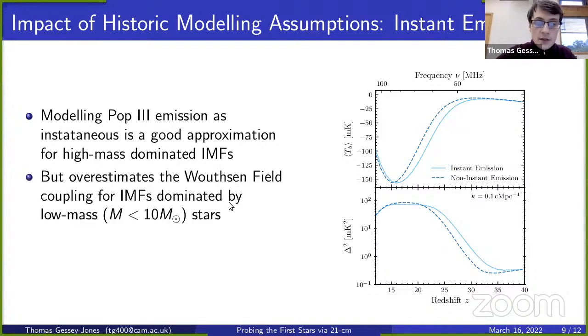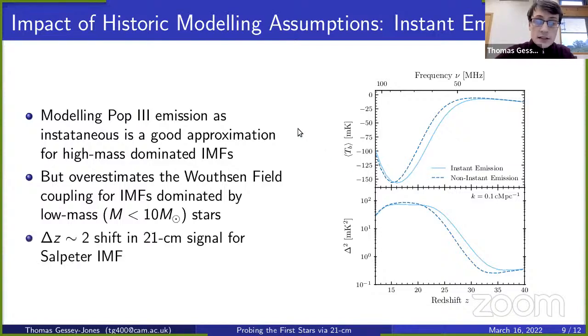But if you go to an IMF like the Salpeter, where the star mass is typically below 10 solar masses, these stars live for hundreds of millions of years, which is not an insignificant period of time. And consequently, the Lyman band radiation field in this case is overestimated by assuming that these stars' emission is instantaneous. And so again, you see this erroneous shift in the 21 centimeter signal. So we extended our semi-numerical simulation to allow for the finite lifetime of these stars to be properly modeled.